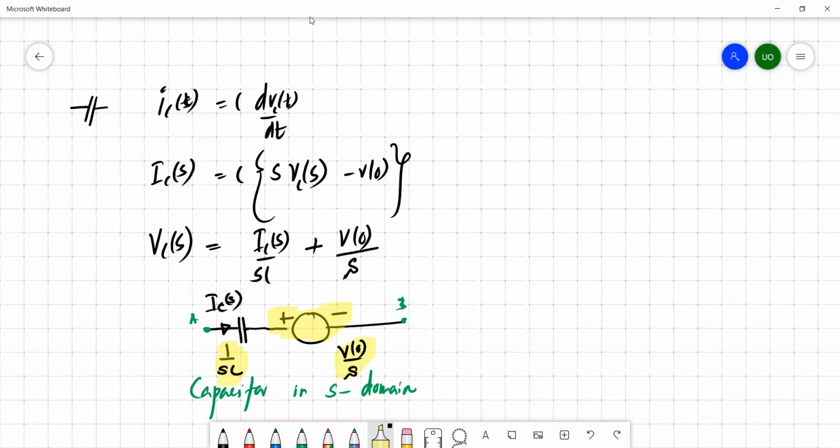If you are converting it to S domain, we include an element having an impedance of 1 over Cs and connect a series voltage source having the same polarity, and the value of the voltage source becomes V0 divided by S. V0 is the initial condition of the capacitor. So those are given in the questions.